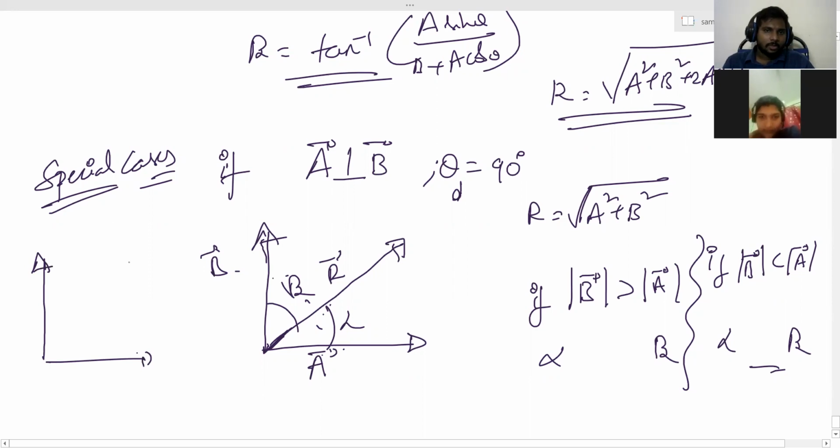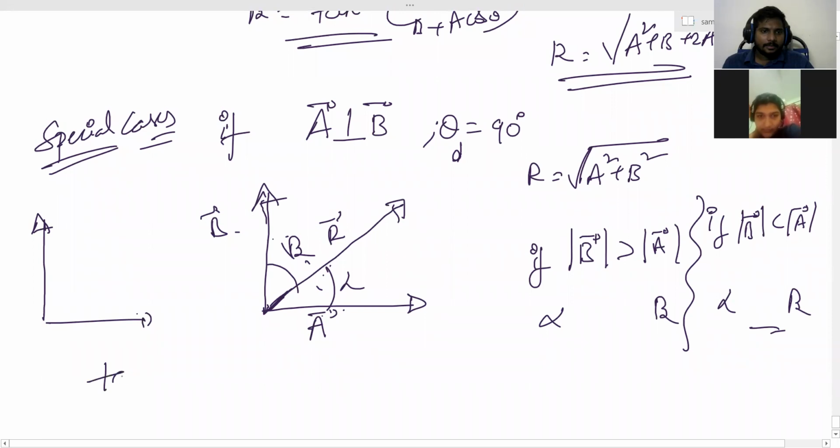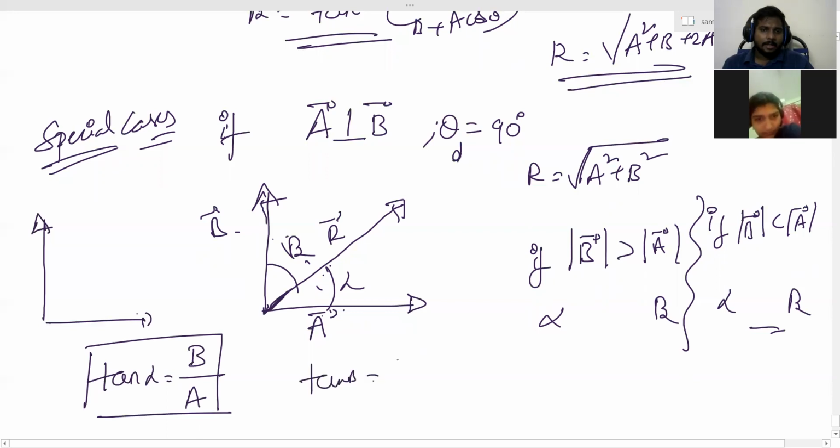Carefully observe. Tan alpha is B sin theta by A plus B cos theta. Sin 90 is 1, and B cos theta will be 0. Then tan alpha is B by A, or not? Similarly, tan beta will be A by B.